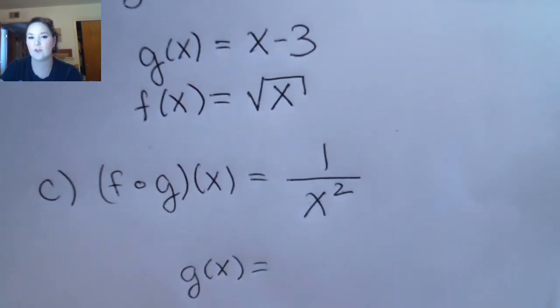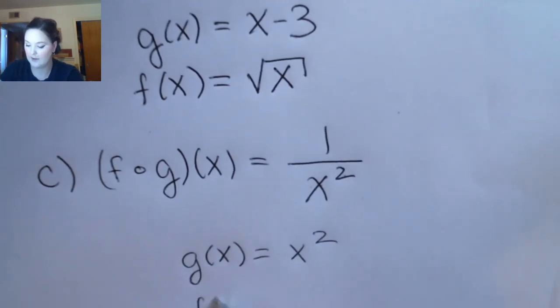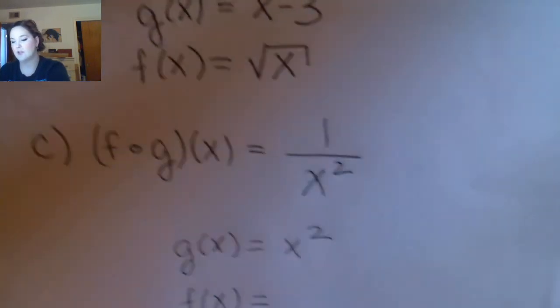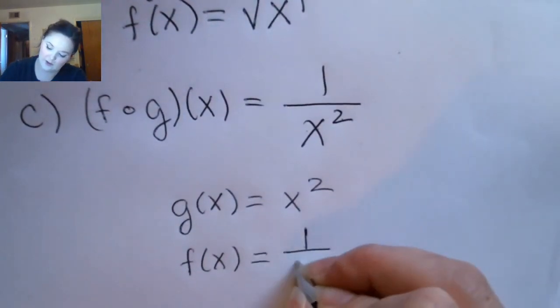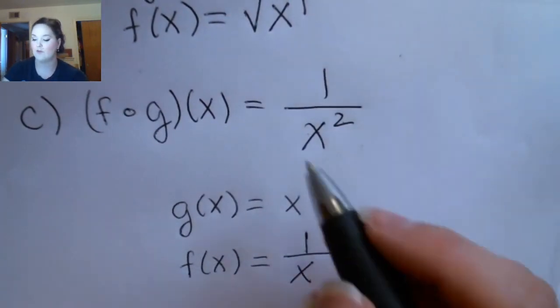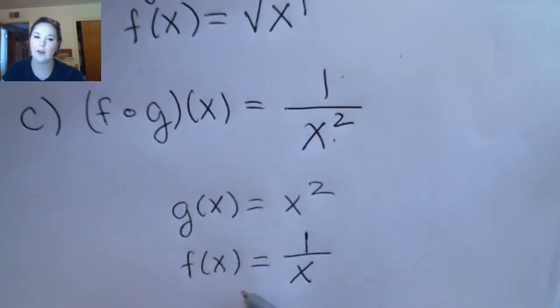So that means our first function, g of x, is the square function. And then what's going to happen to it second? Well, you're going to divide 1 by that number. So first you would square, then you would do 1 divided by that number.